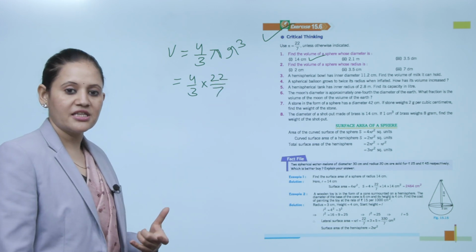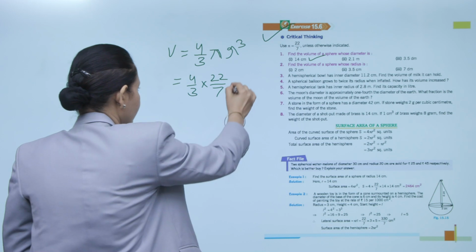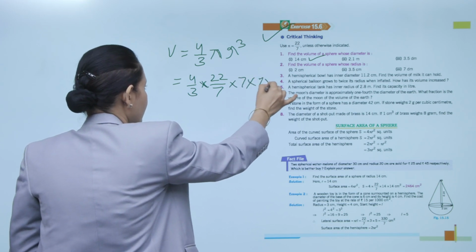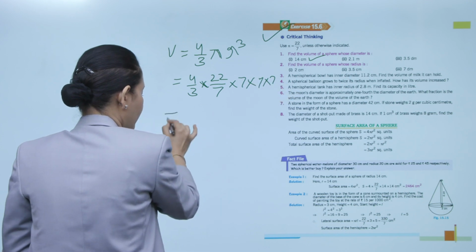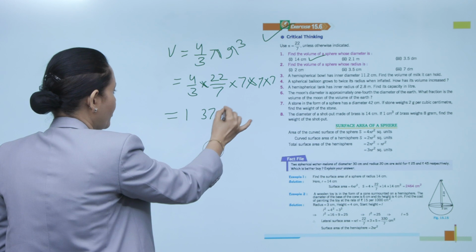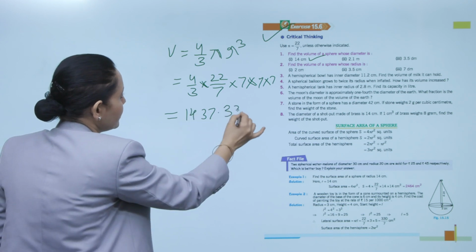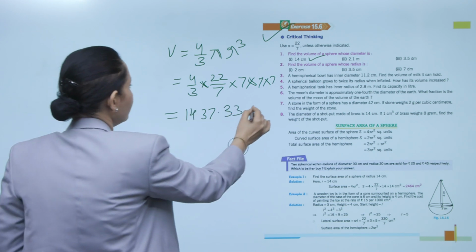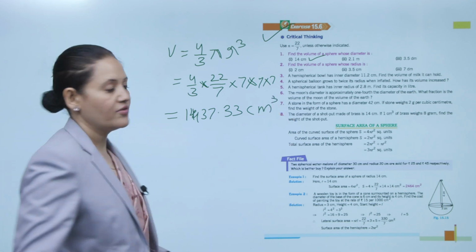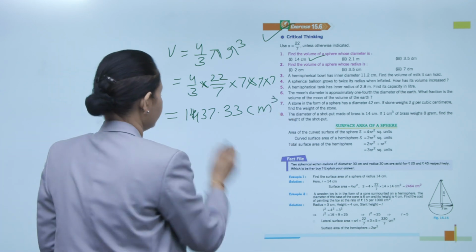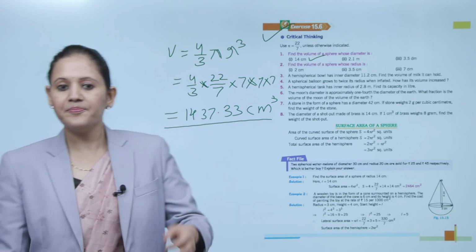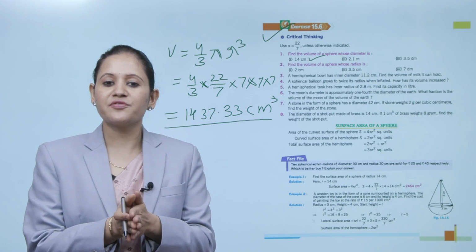Diameter is given 14, that means radius is 7. So 7 into 7 into 7, that equals 1437.33 centimeter cube. That is the volume. Clear? So practice all the questions of this exercise.